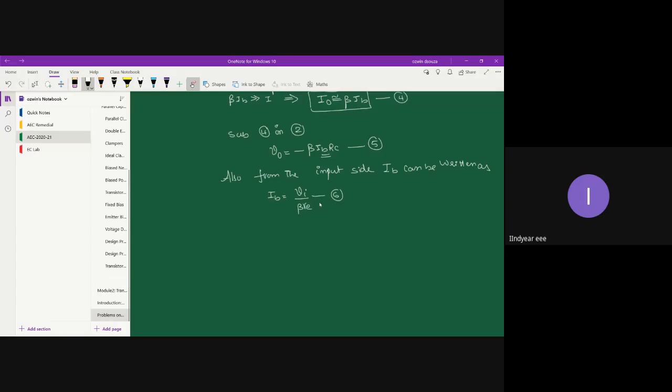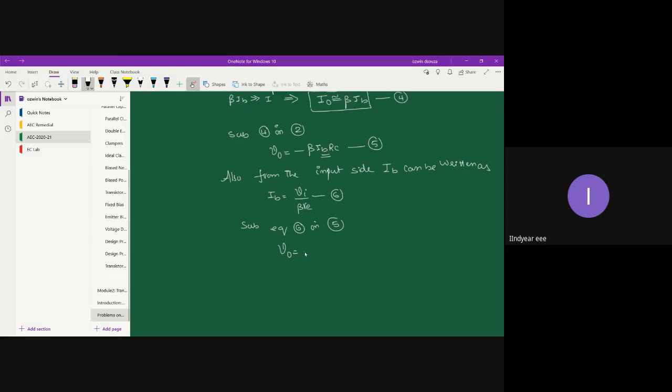So now what you can do is again substitute the expression for IB in the expression for V naught. Substitute equation 6 in 5. It's something like a chain reaction we are doing, one after the other, we go on substituting.